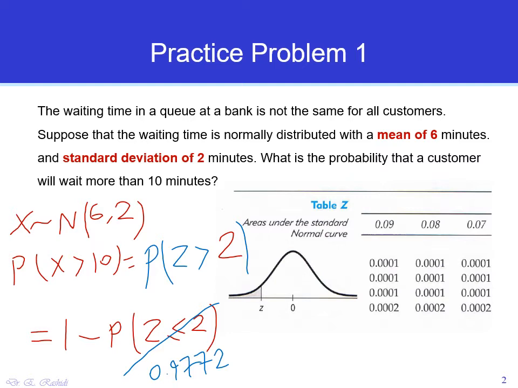Then 1 minus this probability would be equal to 0.0228, which if we round it up is going to be 0.023. So it's 0.023. That's the probability that X is greater than 10.